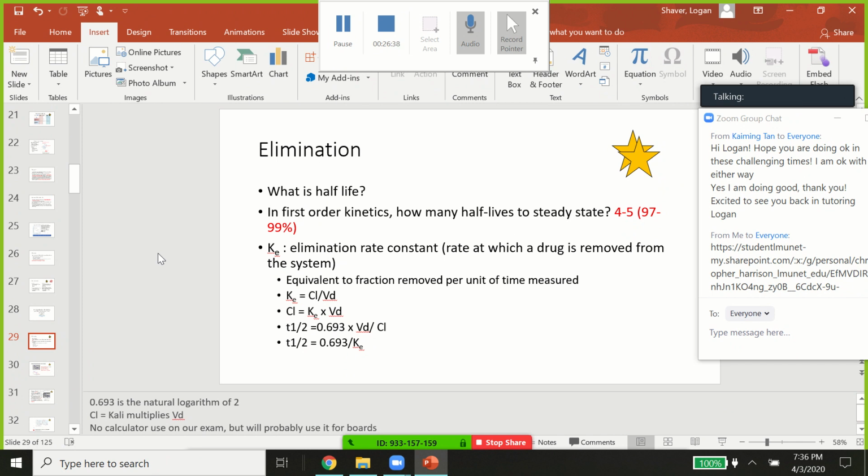I remember this being a first order type question, asking how many half-lives it would take to get to steady state. It would take 4 to 5 half-lives to get to steady state. This happens in first order kinetics, because that's the only kinetics that measures half-lives. Remember, zero order is only doing amounts, not proportion.